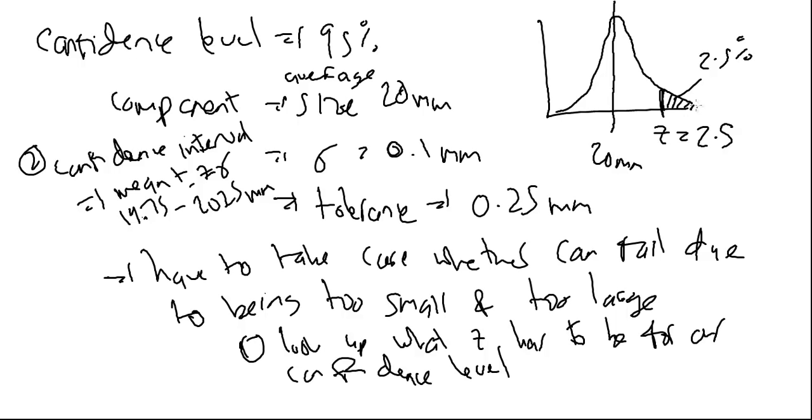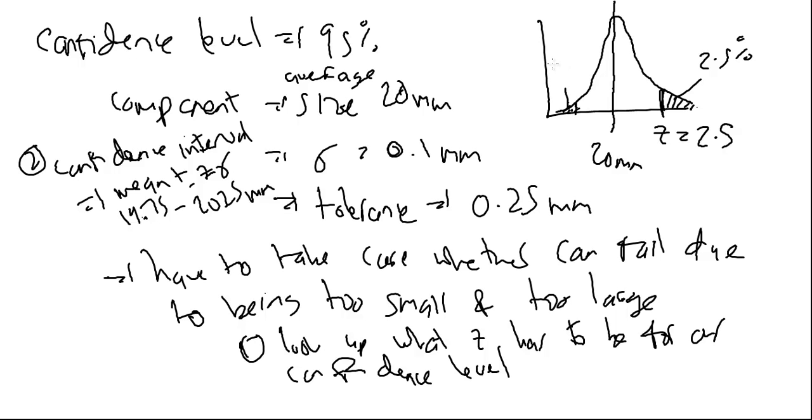And since we can reject things for being too small and too large, if that was 2.5%, I don't know what that number actually is, then I'd also have 2.5% from the cases which were too small.